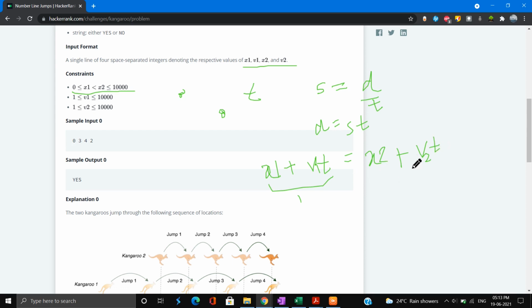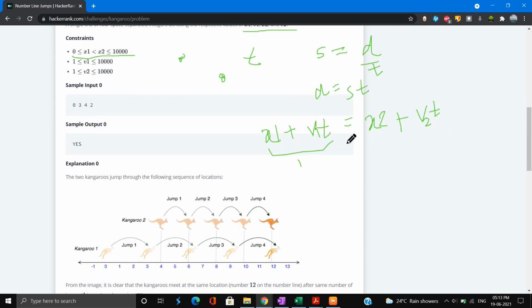From this we can solve the linear equation, and we'll get the value of t as t is equal to x2 minus x1 upon v1 minus v2.